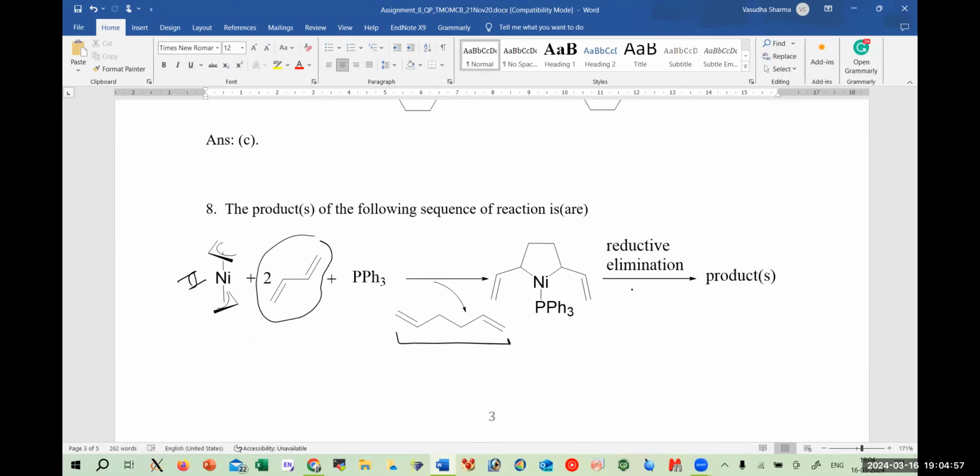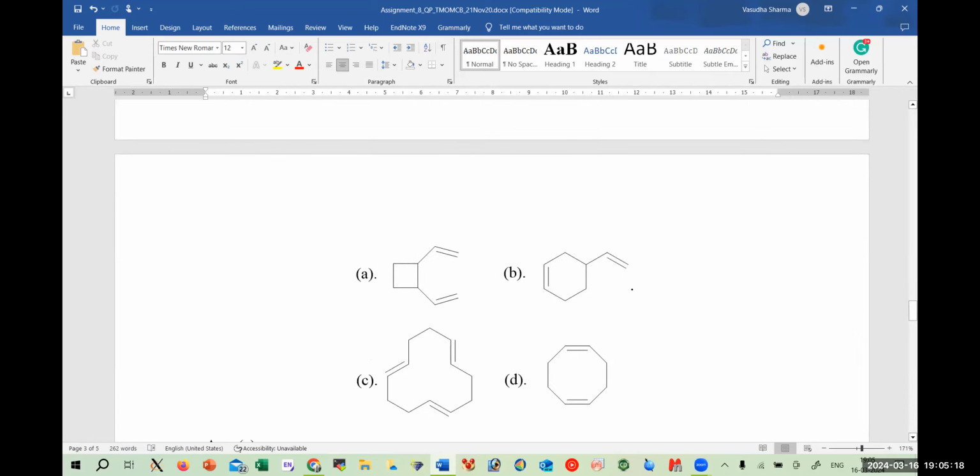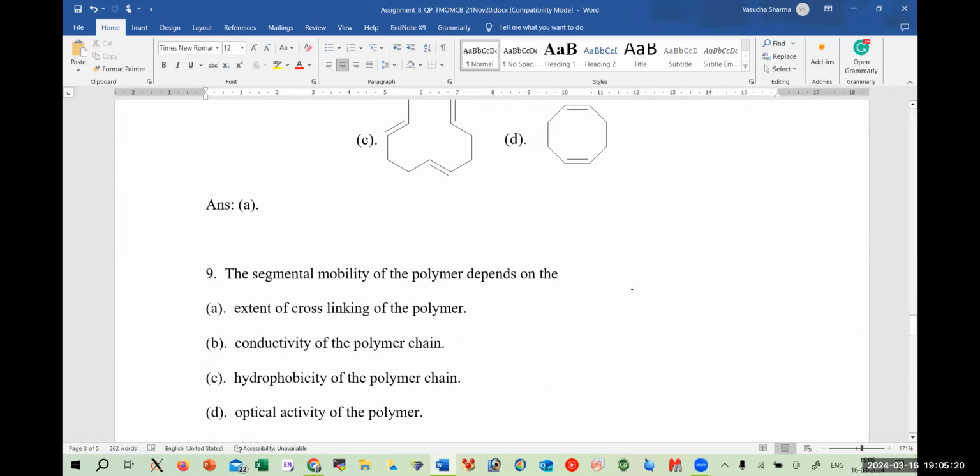We have seen three particular possibilities. If this is your possibility, the two bonds connected to the nickel on reductive elimination both get connected and give you a four-membered ring. The dots will connect together and here you will get your product. So out of the four, only option A is the right option.